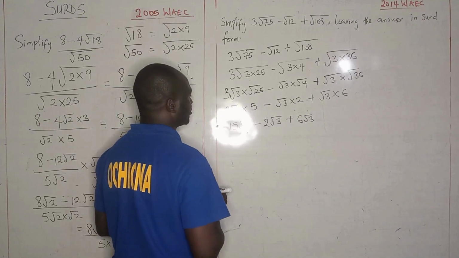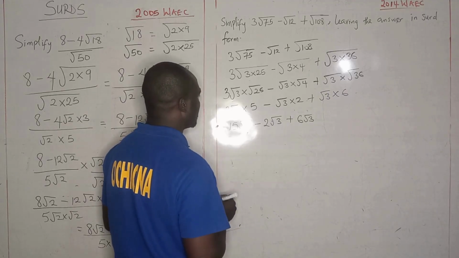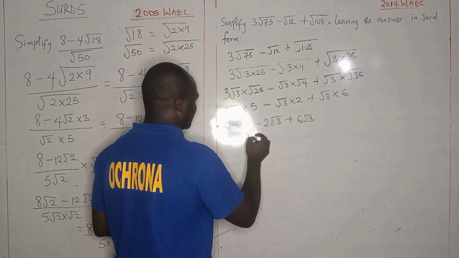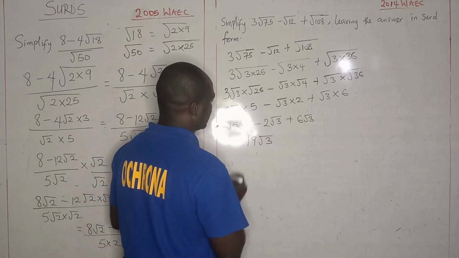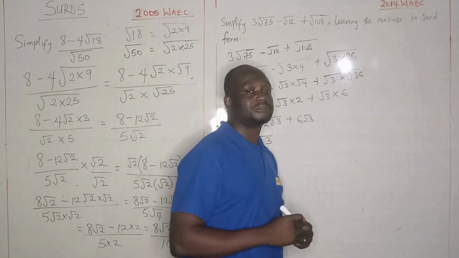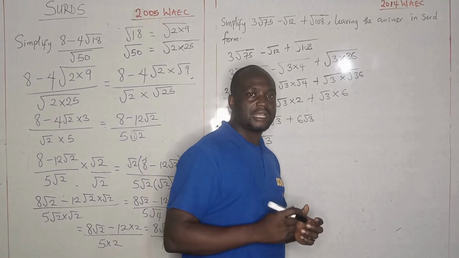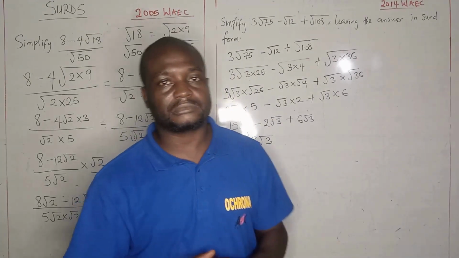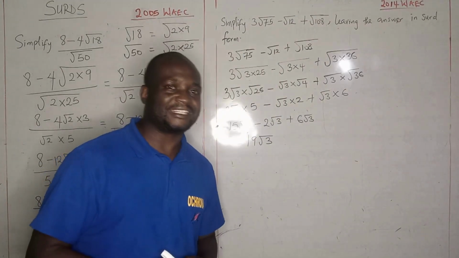Now, if you add this together, if you simplify this, we have 19 root 3. And that's our answer for the question asked in 2014. I believe by now solving surds is not a problem again. Thank you for watching.